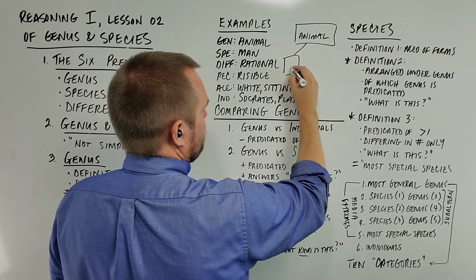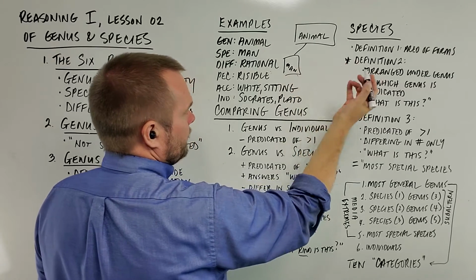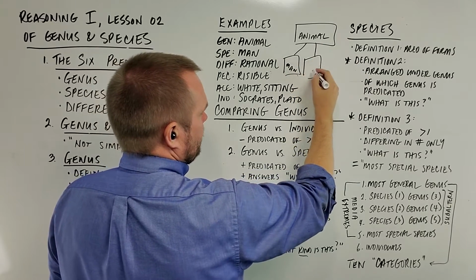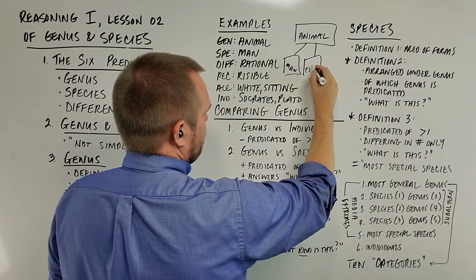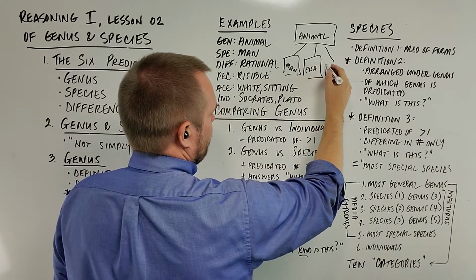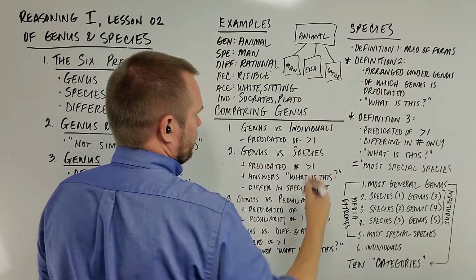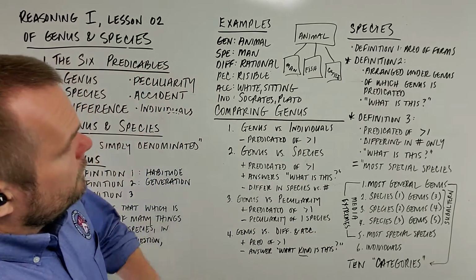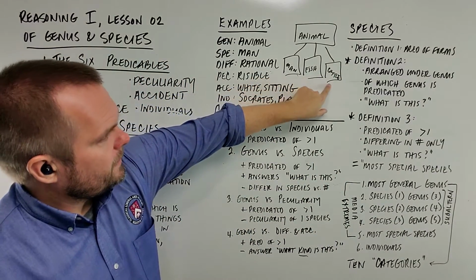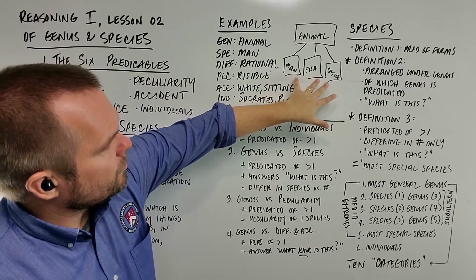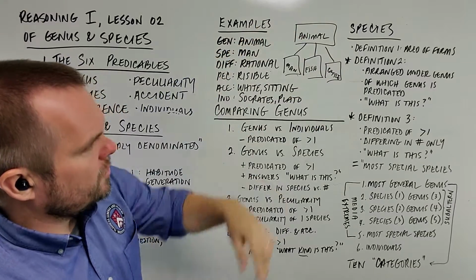One of those things can be man. Another, as I said, might be fish. Another might be cattle. These are species of things that are arranged under genus.